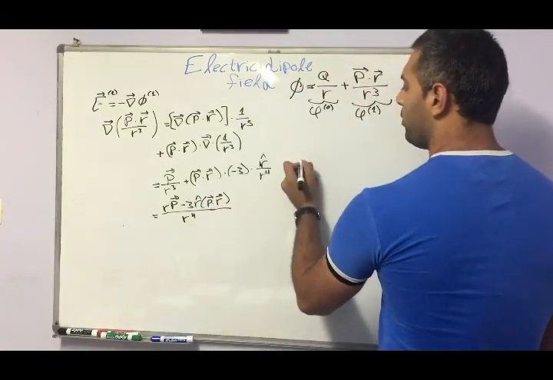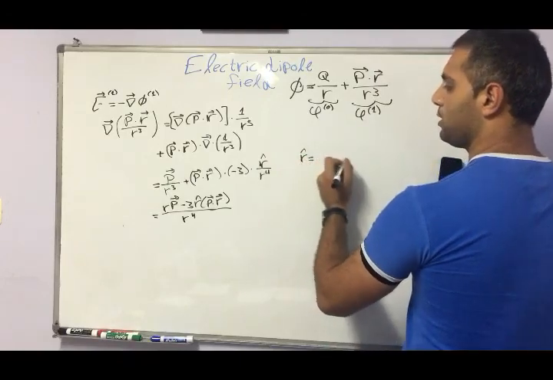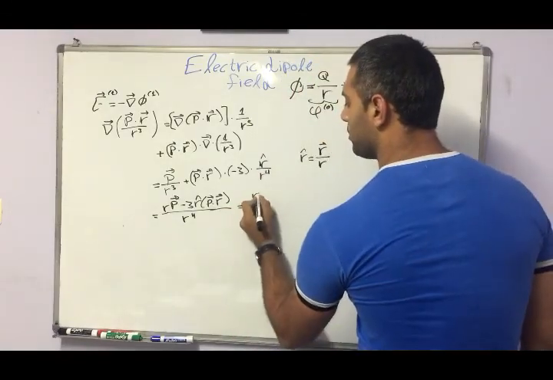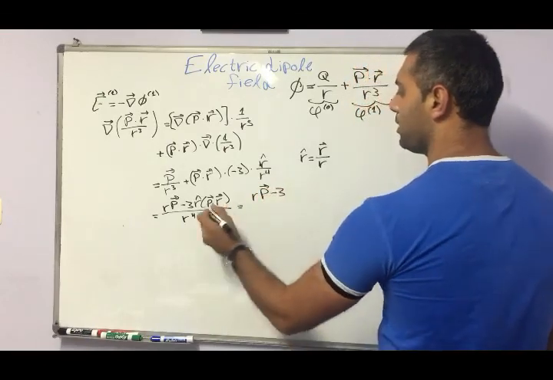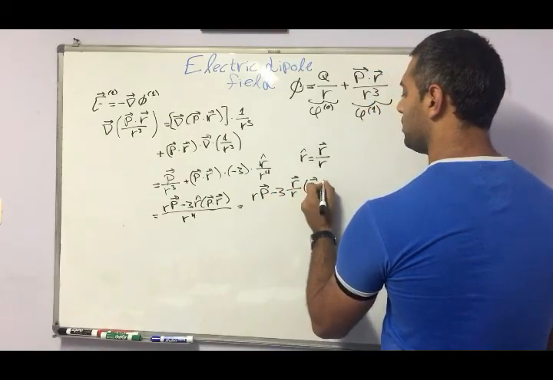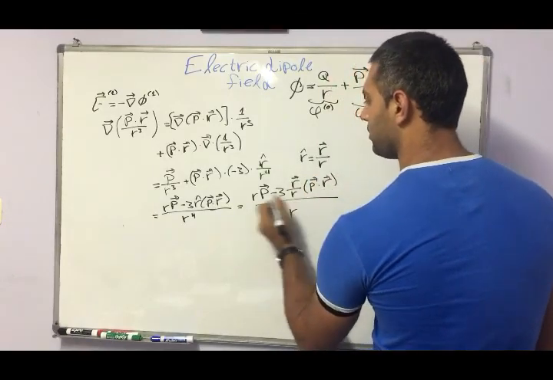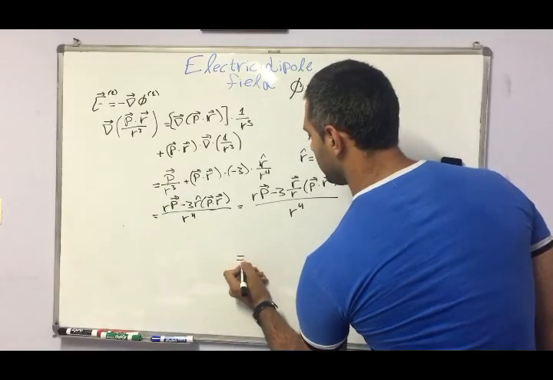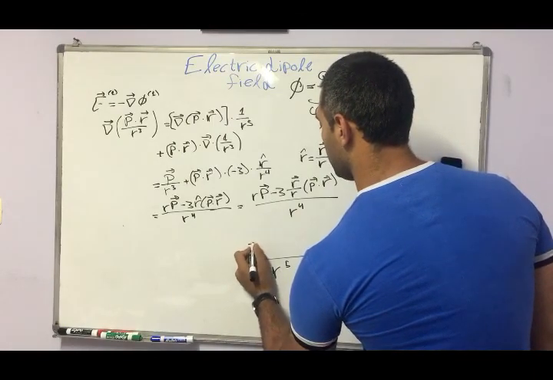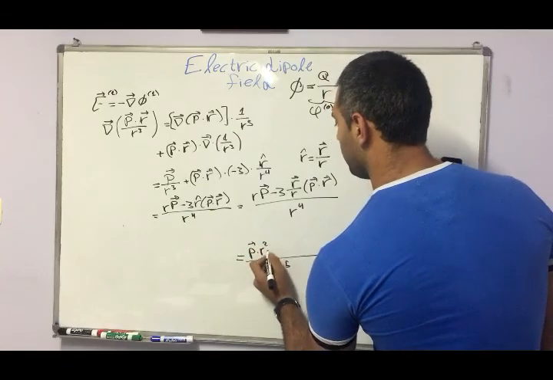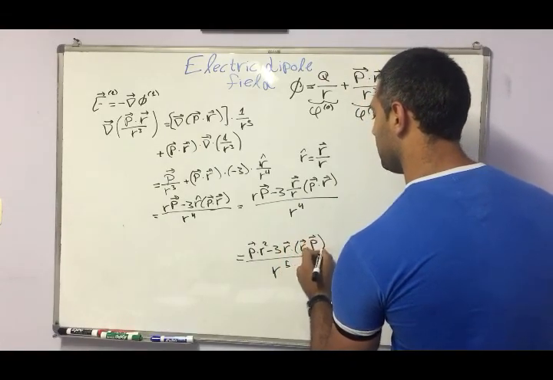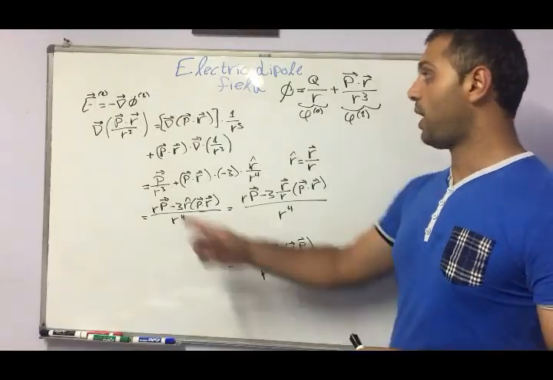Okay, as I said before, the unit vector is actually equal to the vector divided by its magnitude, and we can write it as r squared p minus 3 r vector p dot r over r to the 5, p dot r squared minus 3 r dot r dot p. And don't forget the minus here.